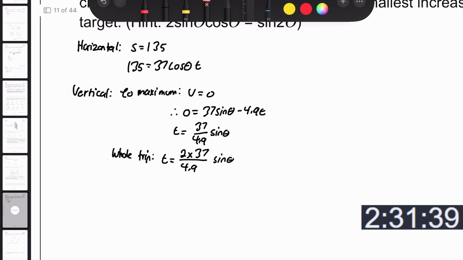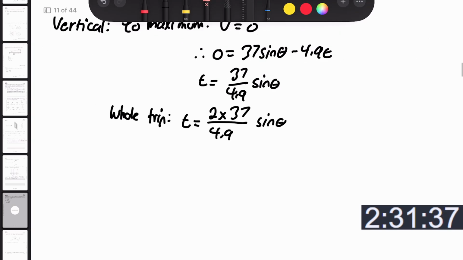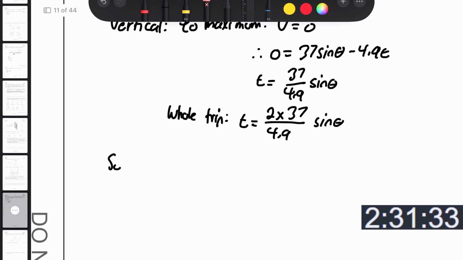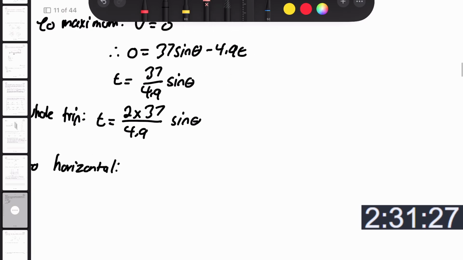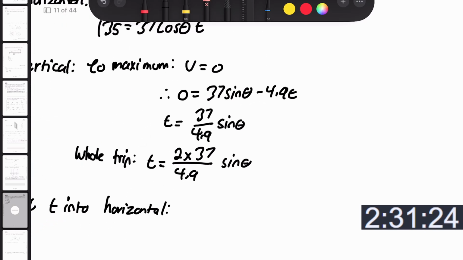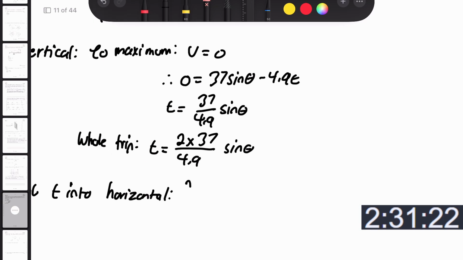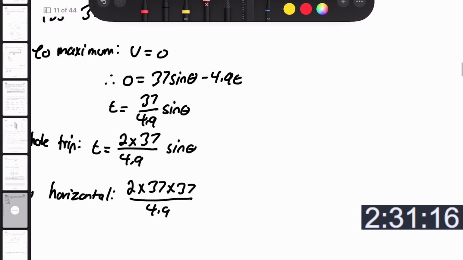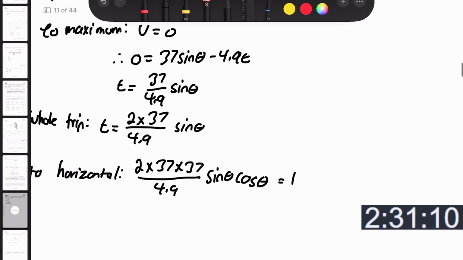Then plugging t back into horizontal, we now have 37 times 2 times 37 over 4.9 sine of theta cosine of theta must equal 135.